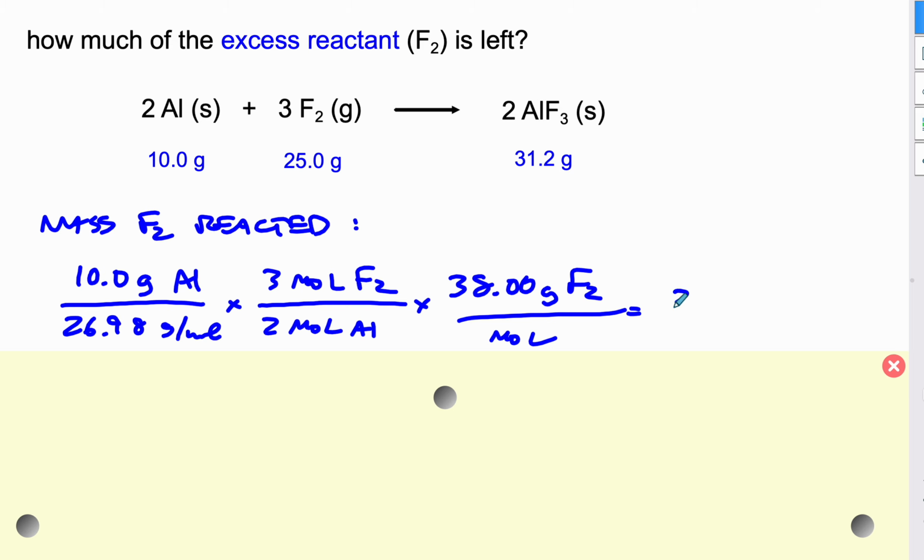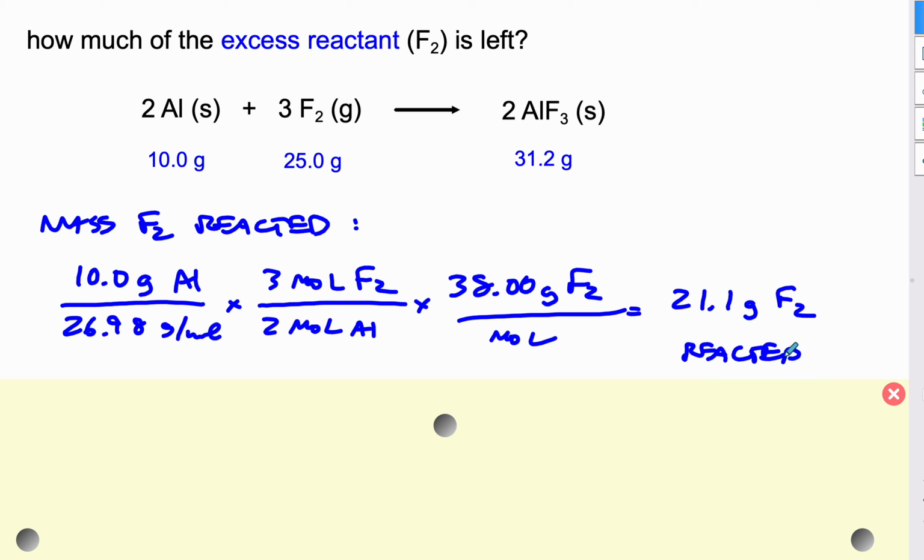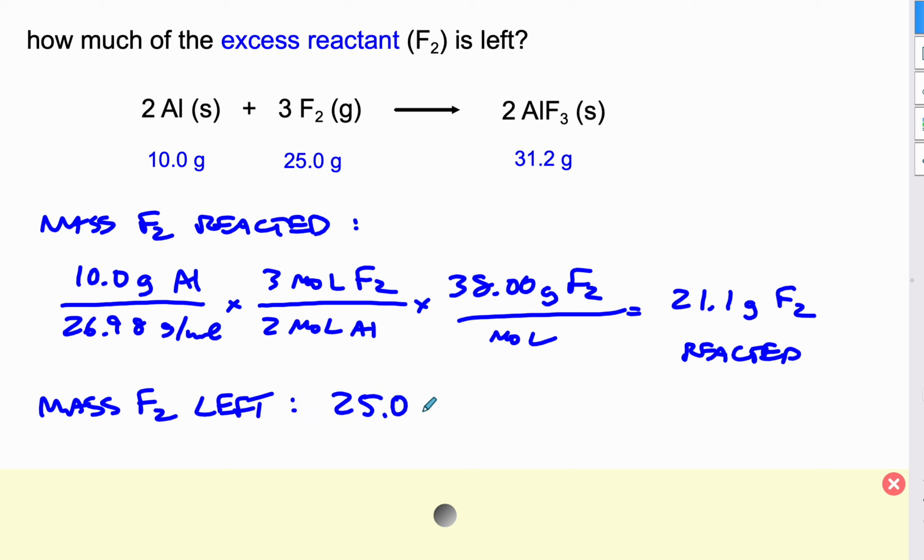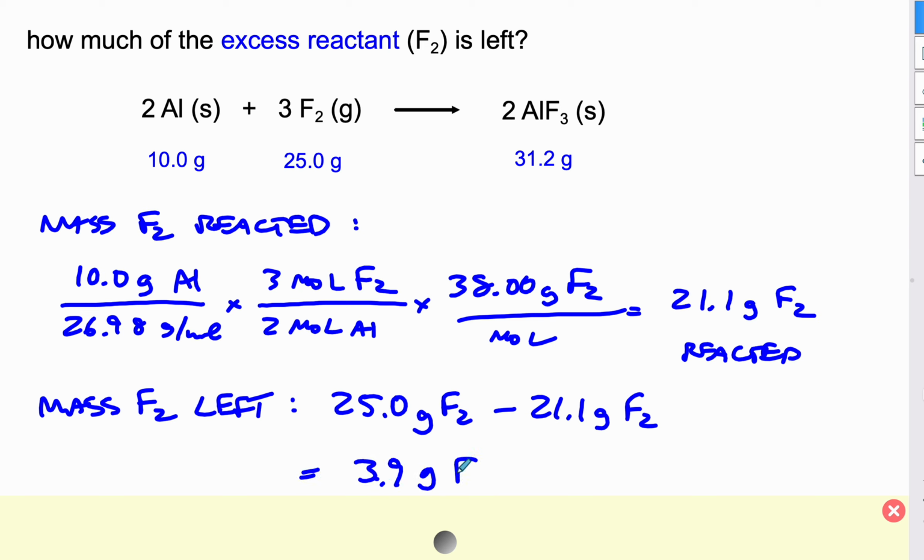That gives me 21.1 grams of fluorine that actually reacted. And now to calculate the mass of fluorine left over, it's very simple. I simply take the 25.0 grams of fluorine I started with, subtract the 21.1 grams of fluorine that reacted, and that gives me 3.9 grams of fluorine that are left over at the end of the reaction.